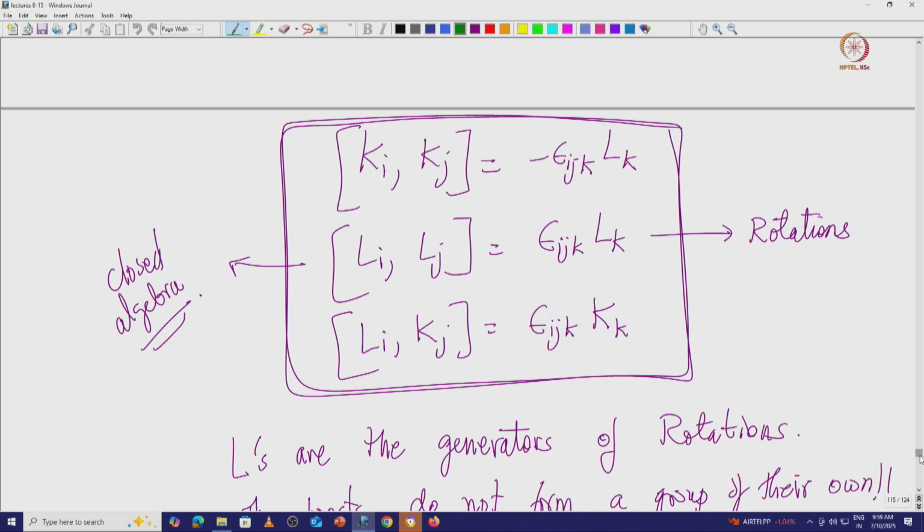You have the boosts, and the rotations are closed within themselves, they form a closed algebra on their own, and then a boost and a rotation goes to a boost essentially, which you can see in these commutation relations.